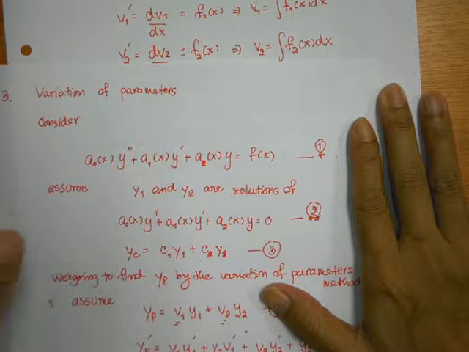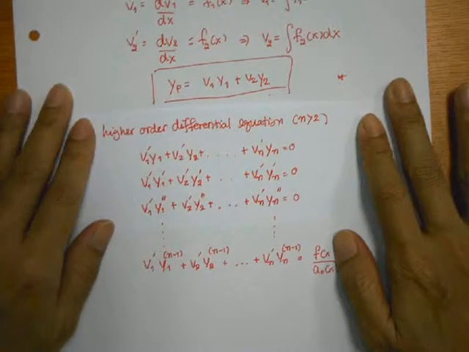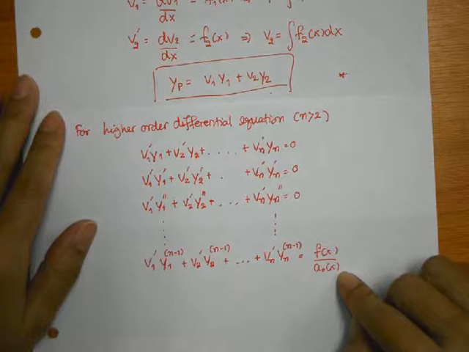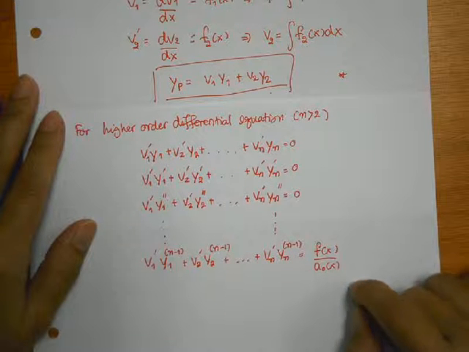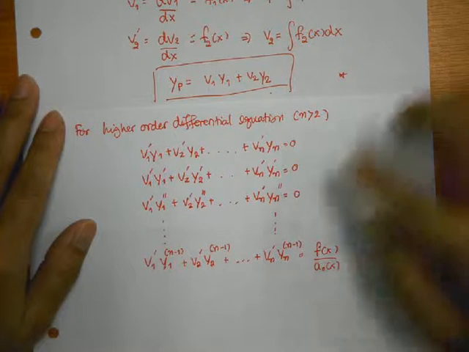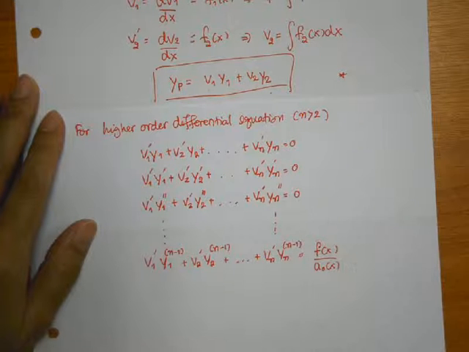Just that. So only the last equation is not equal to 0. It's equal to f(x) divided by a0(x). But the rest, they are equal to 0. So if you have a second derivative, you have 2 equations. If you have a third order differential equation, you have to be able to set 3 equations like that. Okay.